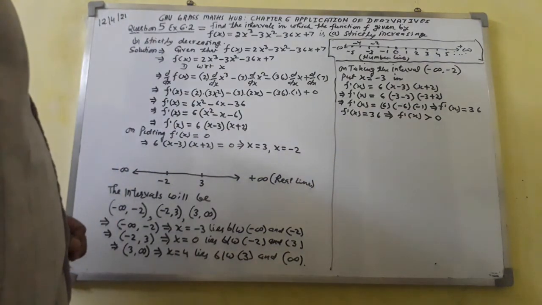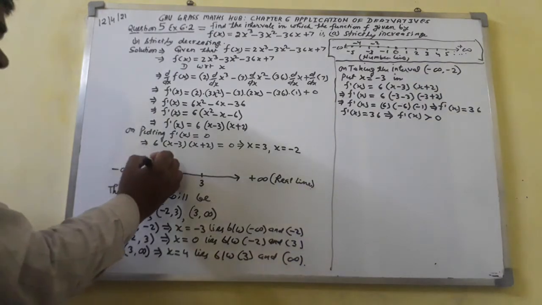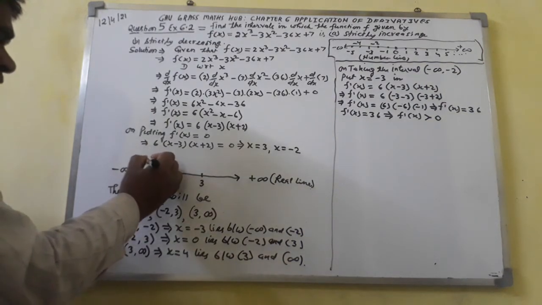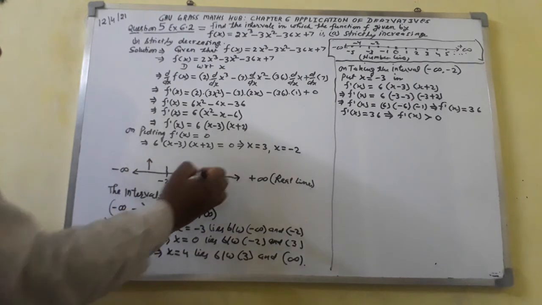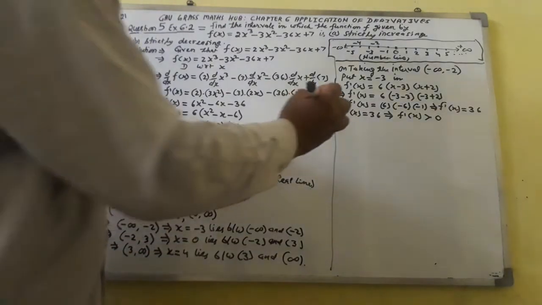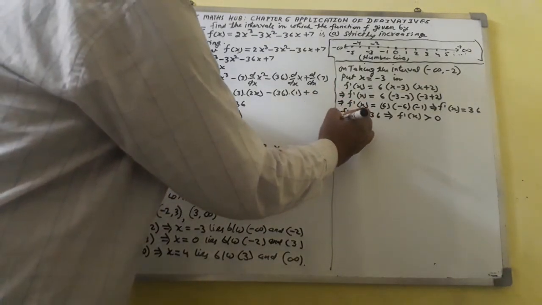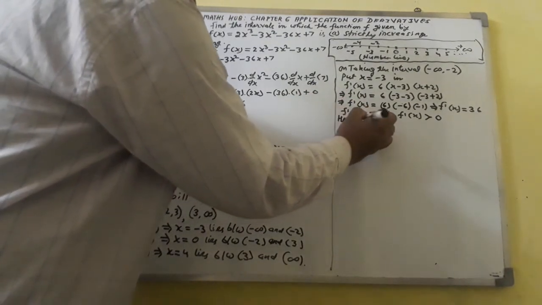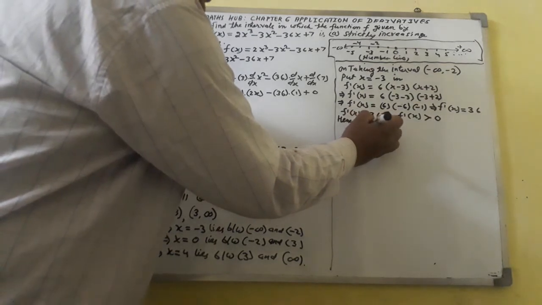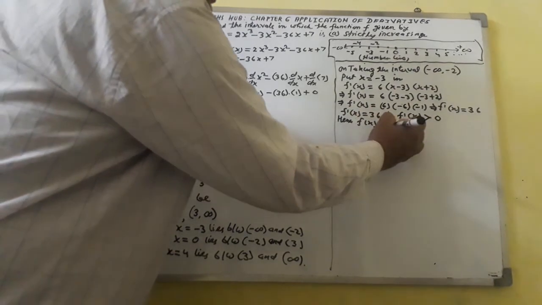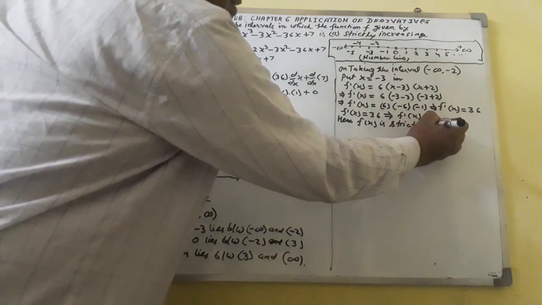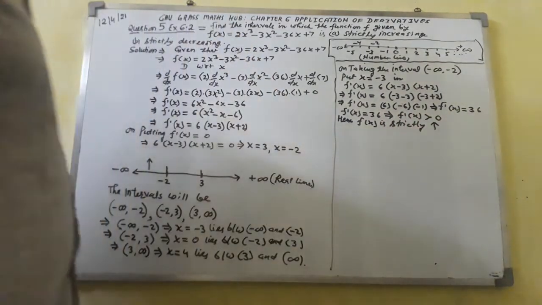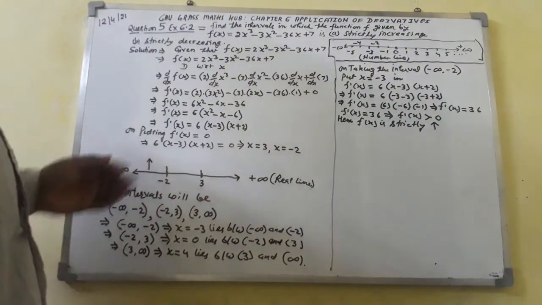So f of x will be strictly increasing under this interval. f of x will be increasing. So here I shall write, hence f of x is strictly increasing in this interval.